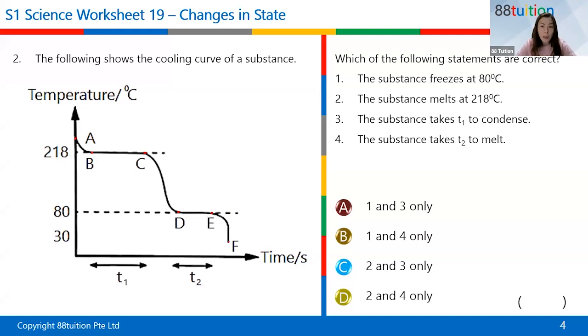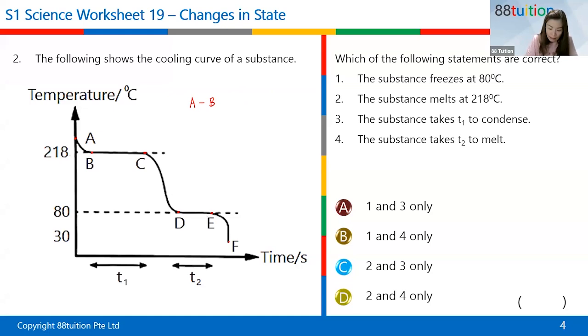So from A to B, what is the state of this substance? You can type in the chat, or unmute yourself and tell me the answer. Gas and liquid? Harvard says gas. Harvard is right.